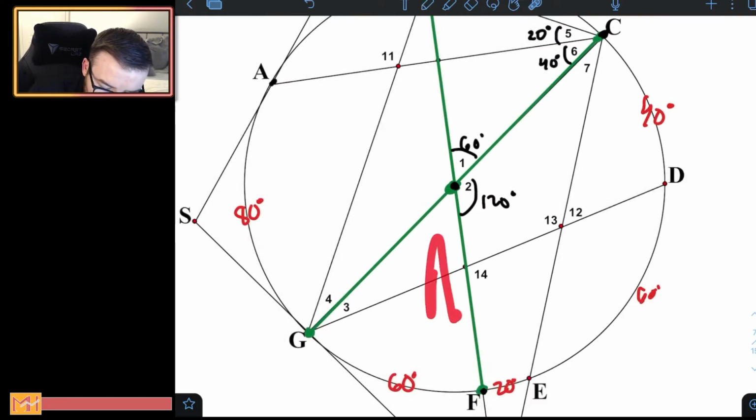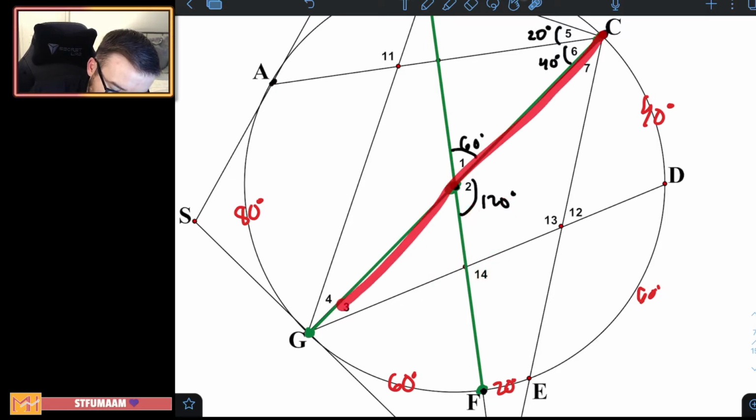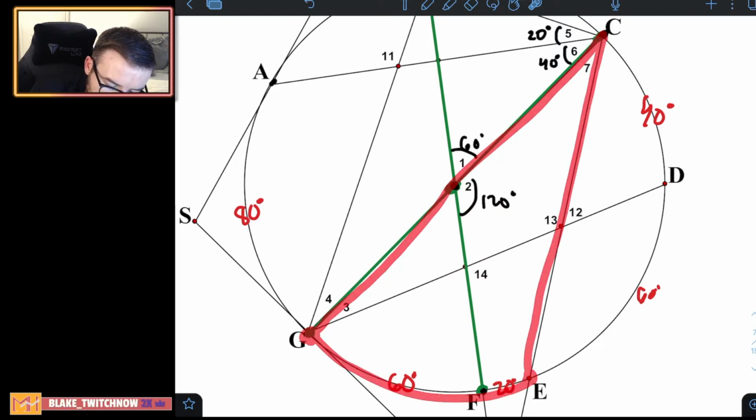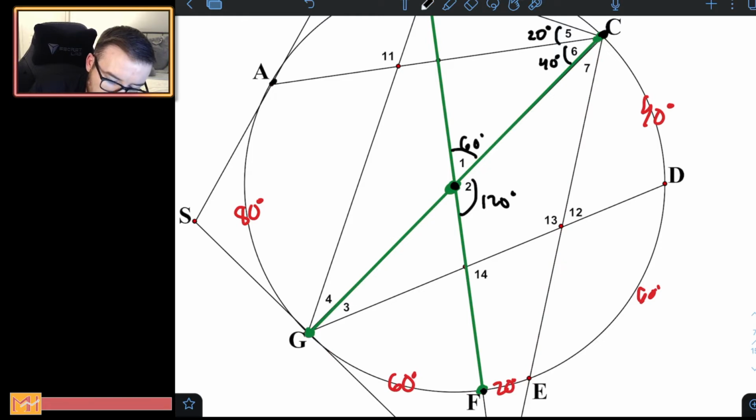Again, ignore all of this mess in the center. What matters is this diameter is touching at G, this chord touching at E, creating this 80-degree arc. 60 and 20 make 80. Half of that is also 40.